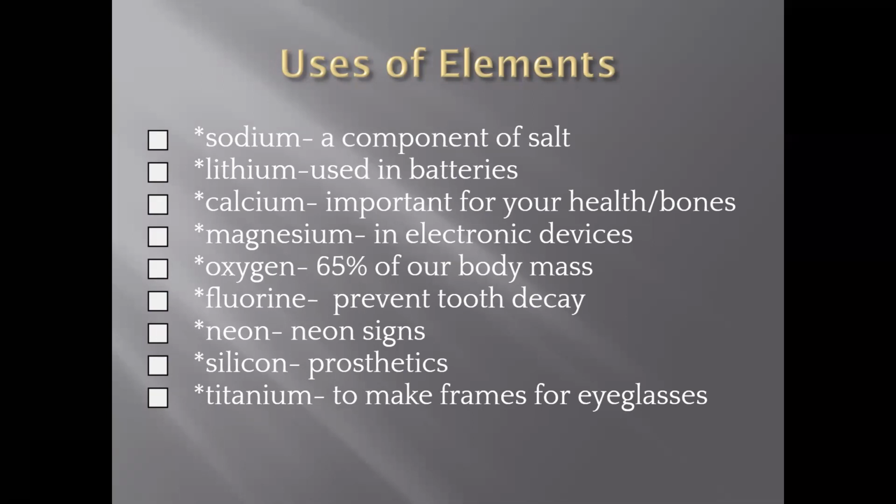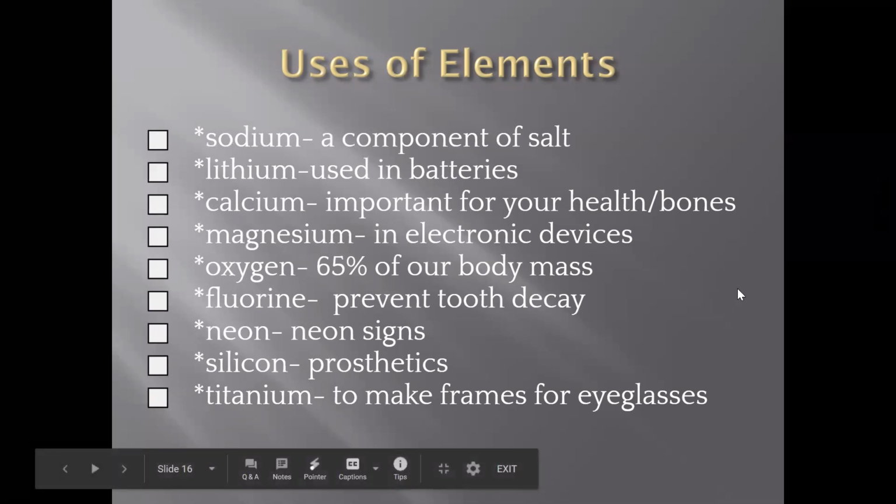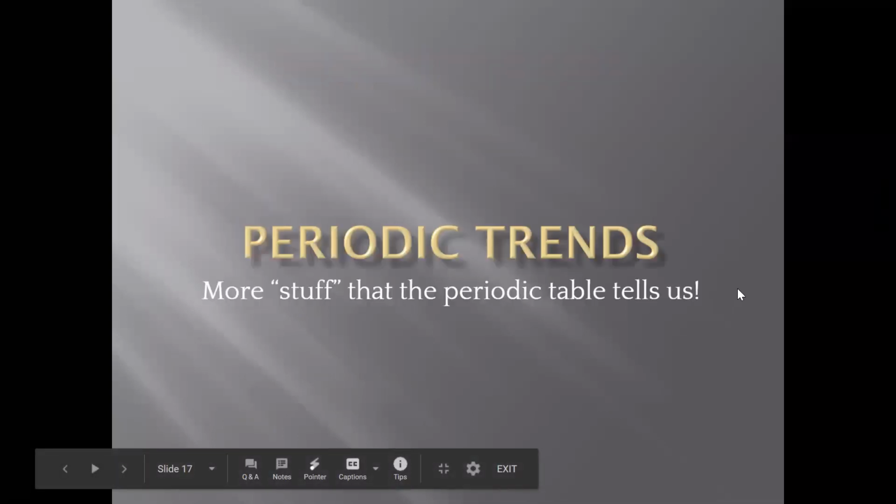It's a gas, but oxygen is in a lot of compounds in our bodies. Fluorine, you've probably heard of fluorine referred to as fluoride, so that's going to be used to prevent tooth decay. Neon is found in neon signs. Silicon is going to be used in a lot of prosthetics, and titanium is used in frames for eyeglasses quite a bit. So that's just a few of the uses for different elements in the body.